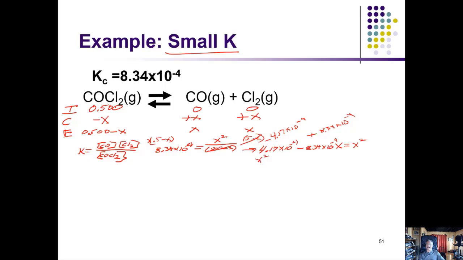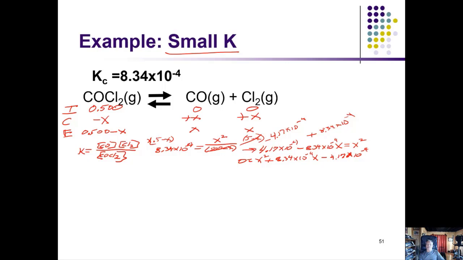A quadratic equation. x squared plus 8.34 times 10 to the minus 4 x minus 4.17 times 10 to the minus 4. And that is, ladies and gentlemen, a quadratic equation.